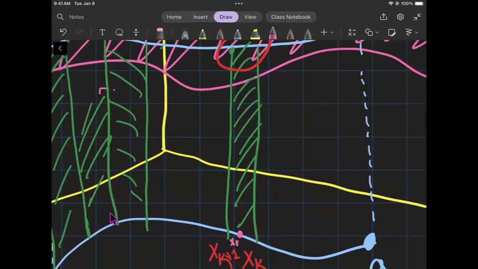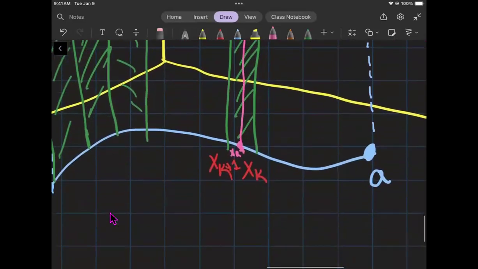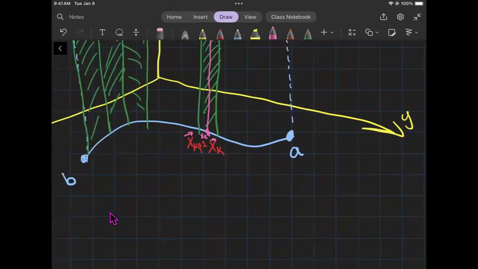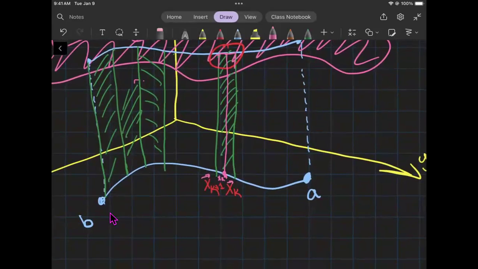It will be defined by some other point, t sub k star, and that is how we would determine the height. The t sub k plus 1, t sub k, and t sub k star will be vectors. They will be points in the xy plane, right? So I want to make that clear.